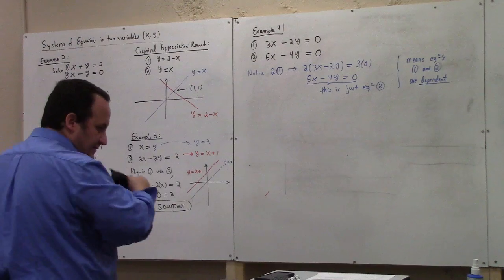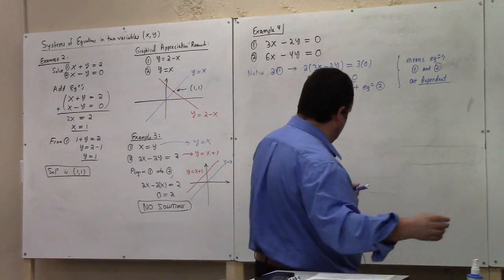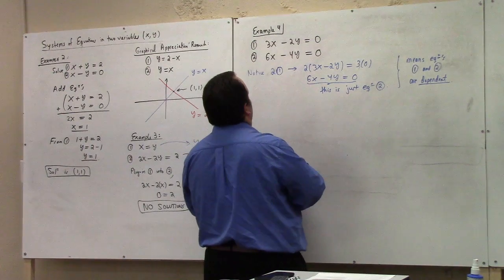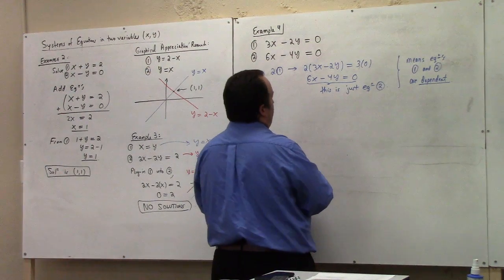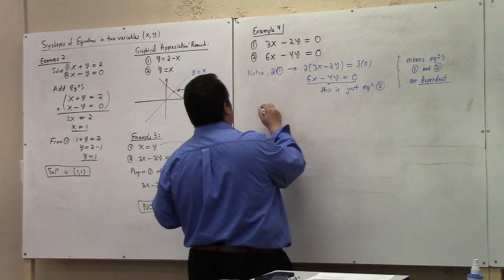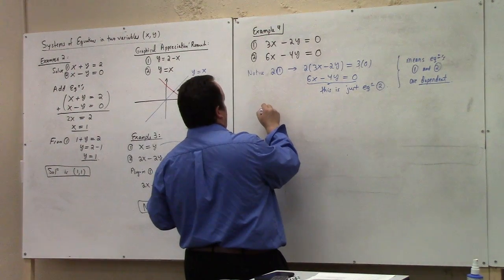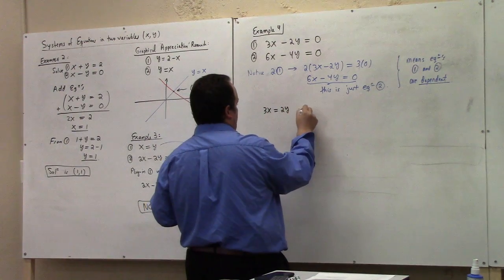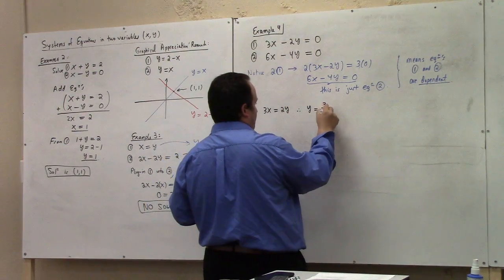So the answer in this case is solve for whichever variable you like. I'm going to solve for y. So I've got 3x equals 2y. y is equal to 3/2 x.